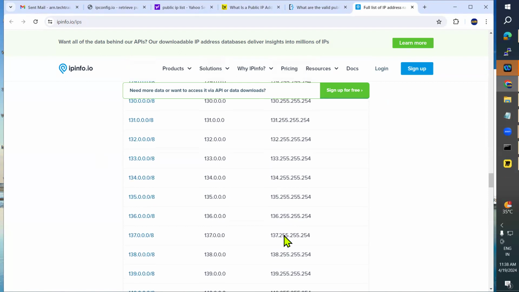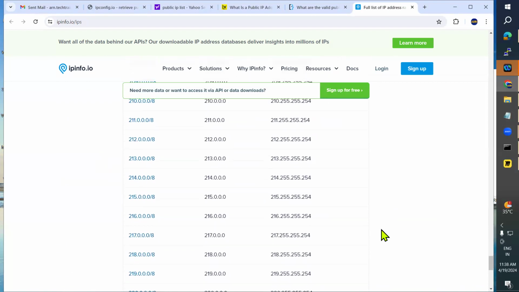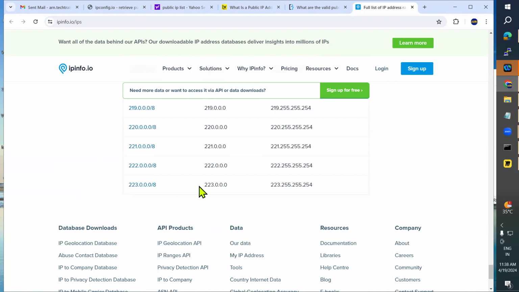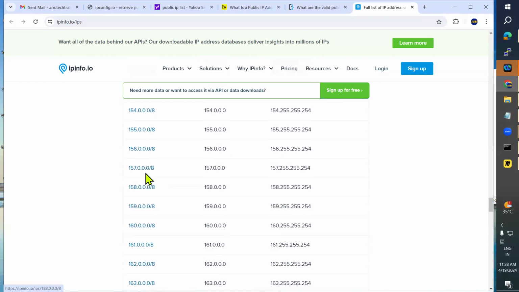Okay, so we can say this is a public IP address range and private IP address range up to 223, 192, 172 also there.